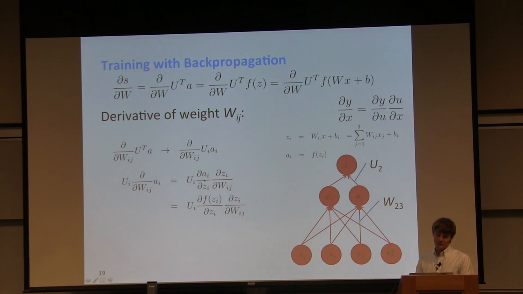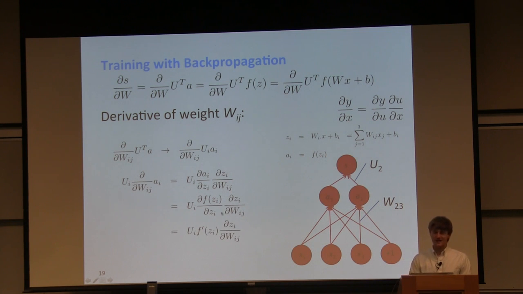Now, ai was just defined in terms of zi, so we can apply the chain rule here and write out what this means, which is the derivative of ai with respect to zi times the derivative of zi with respect to Wij. And again, we know that zi was defined as just the ith row of W times x plus bi. We also know that ai was just equal to f of zi by definition, so we can plug that in here.